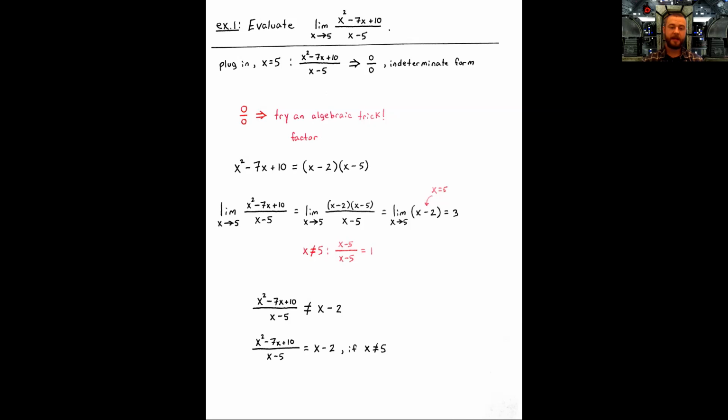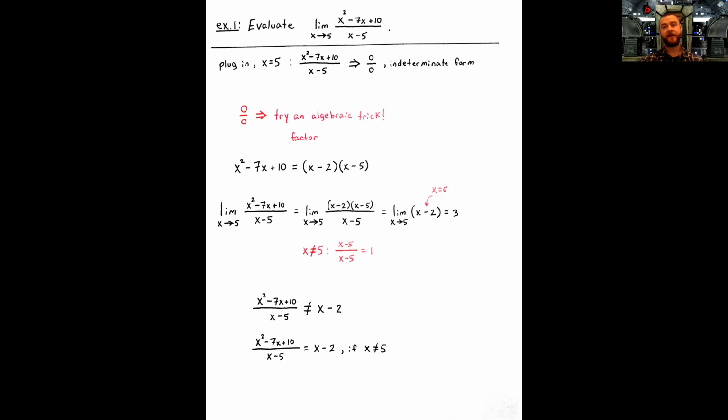And here, x squared minus 7x plus 10 divided by x minus 5 equals x minus 2 only if x is not equal to 5. That's ensuring that you can cancel the x minus 5 factors out. If we allowed for x equal 5, we have an indeterminate form again, 0 over 0.